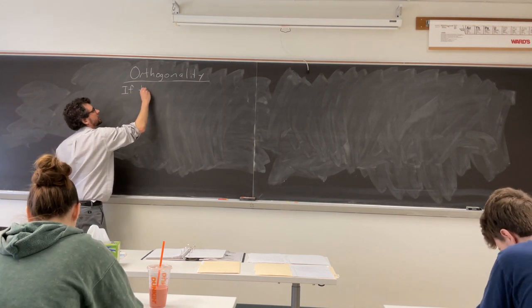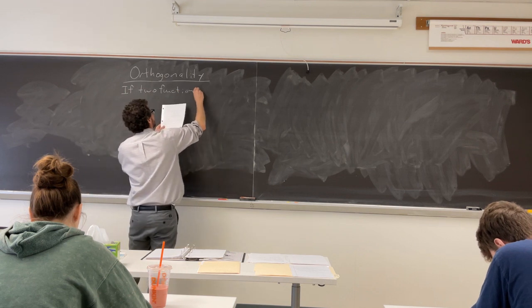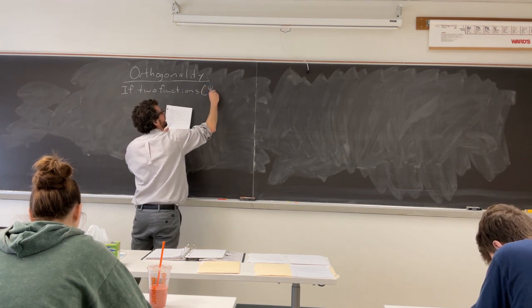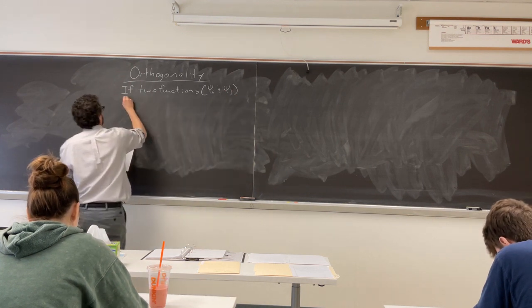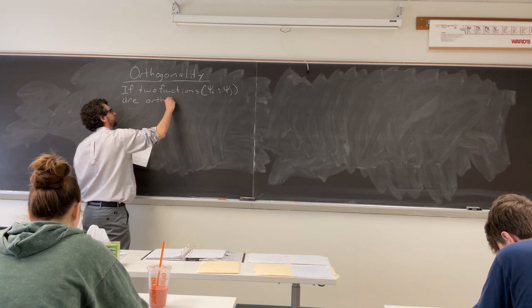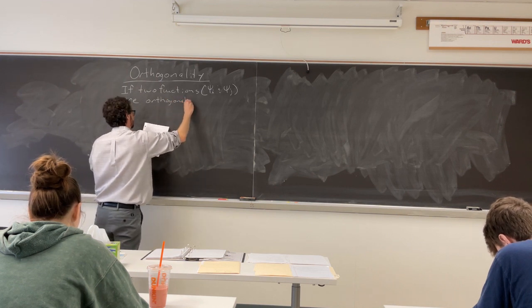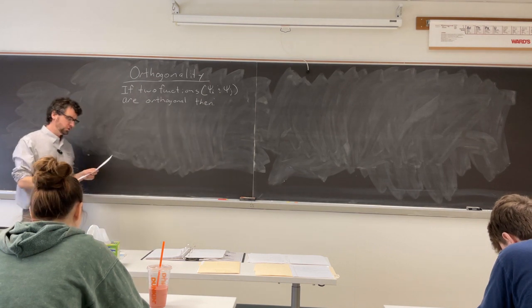If two functions, we're going to call them psi sub i and psi sub j, are orthogonal, then we can have two outcomes.